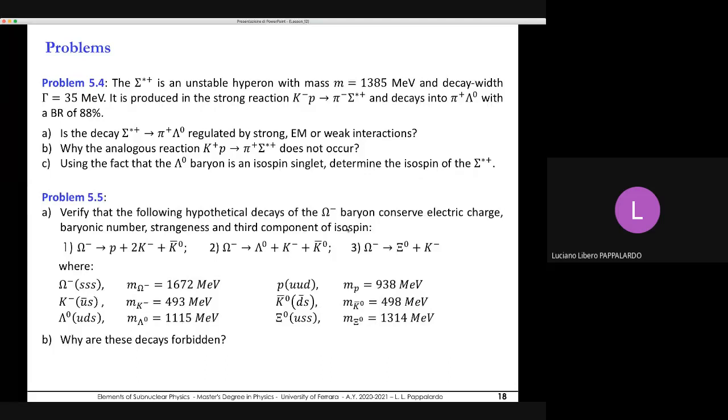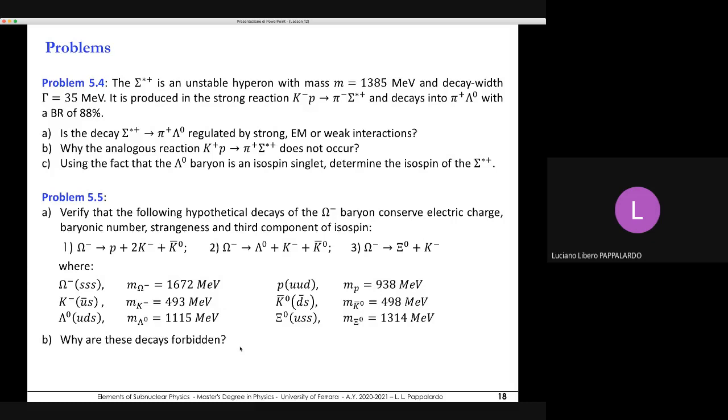Okay, problem 5. Verify that the following hypothetical decays of the omega minus baryon conserve electric charge, baryonic number, strangeness, and third component of isospin. We have 3 hypothetical decays for this omega minus, and we have quite some information: for each of these particles, the quark content and also the masses.